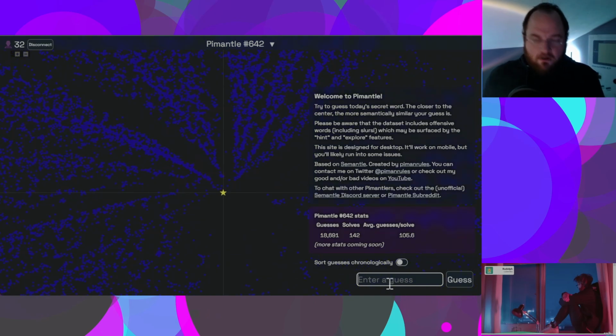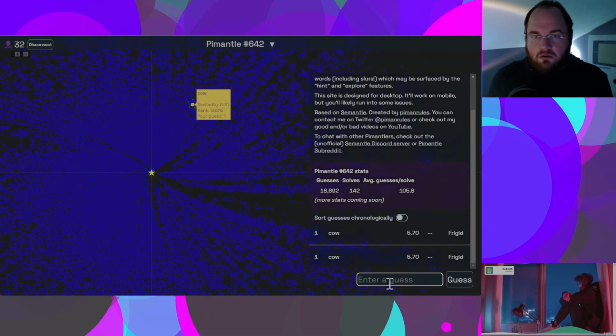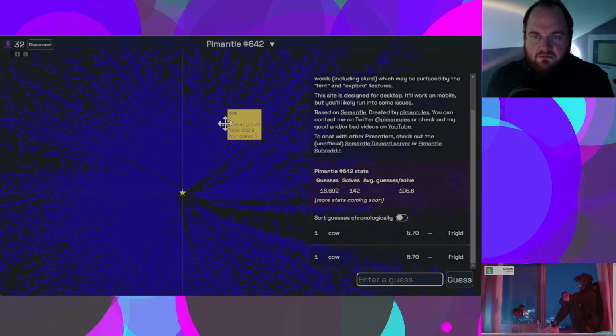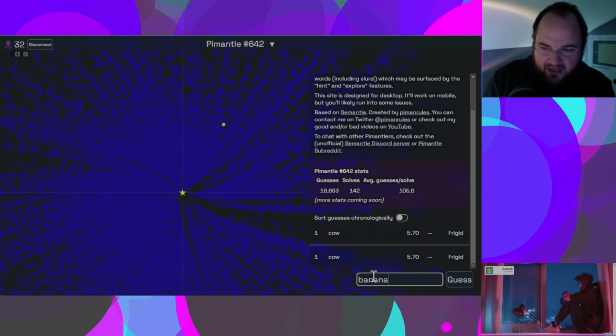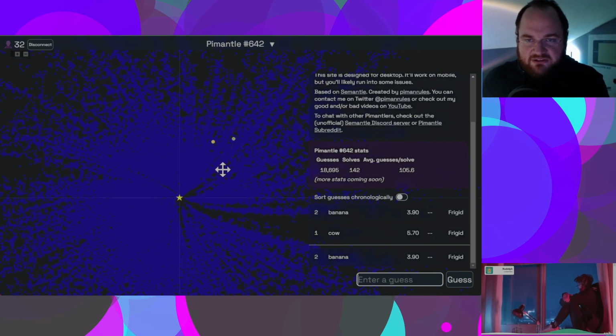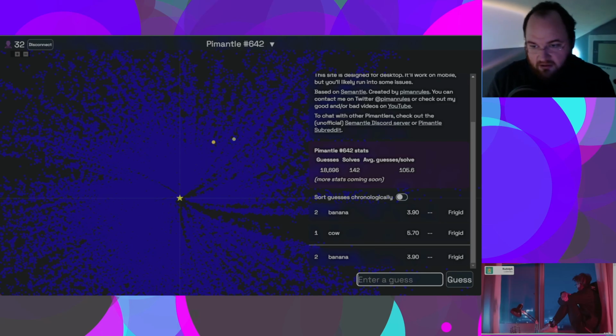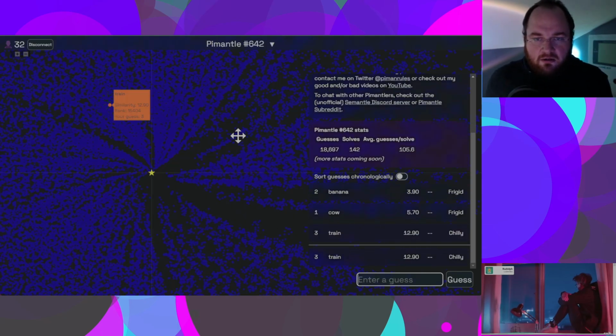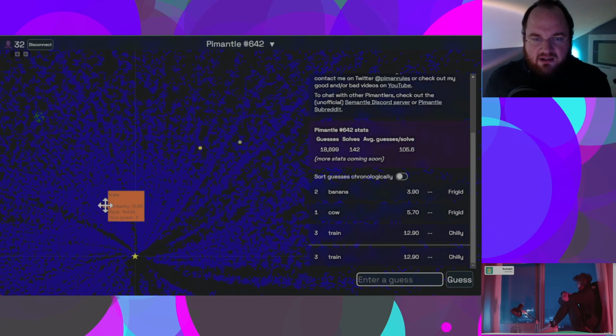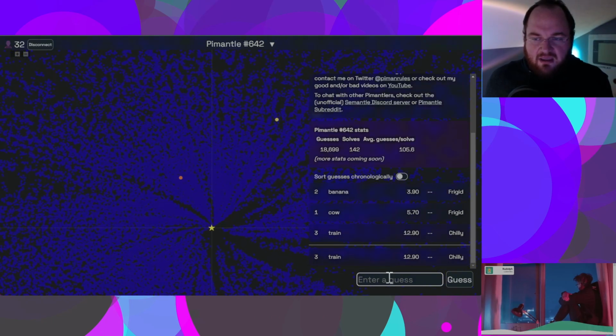Okay, let's go for cow. Cow's pretty far away. It's got a similarity rating of 5.7. How about banana? Well, banana's pretty close to cow in this particular projection. Okay. Train. Oh, okay, that's quite a bit closer. Okay. How about house?